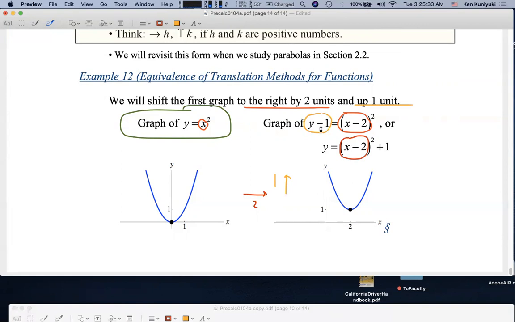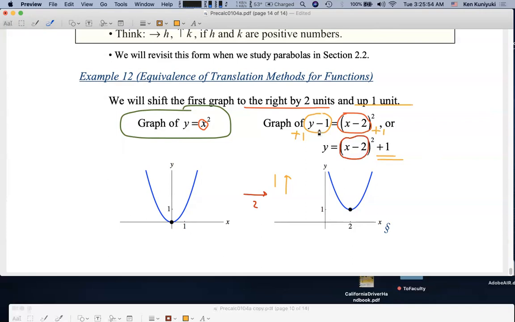But now, look at this. If you add 1 to both sides of this equation up here, then you just get y all alone on the left side, and you get this very normal looking plus 1 on the right.